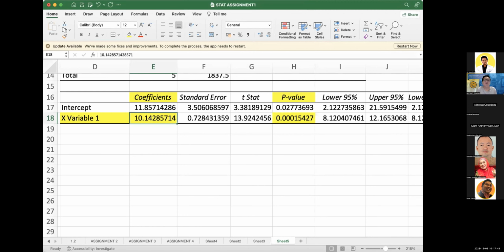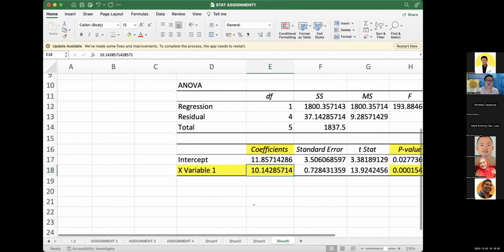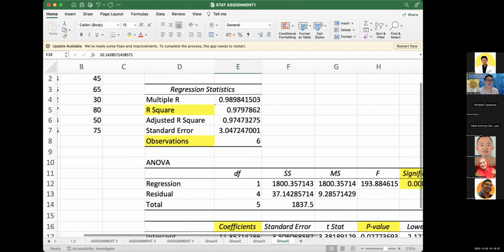So disregard nyo na yung mga ibang number dyan. It will not help you in any way as managers. For the seasoned statistician, this means a lot, but for us, again, anong unang-una natin kinakailangan tignan dito sa regression? R square. Right? So the number one. Ulitin natin.